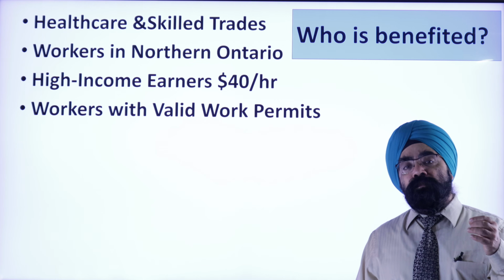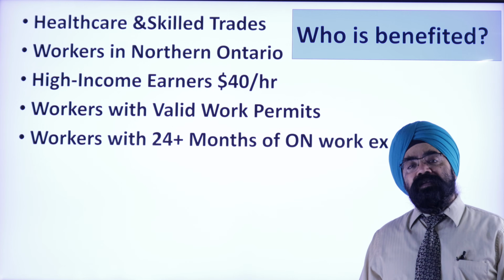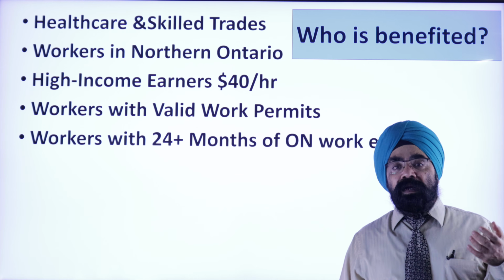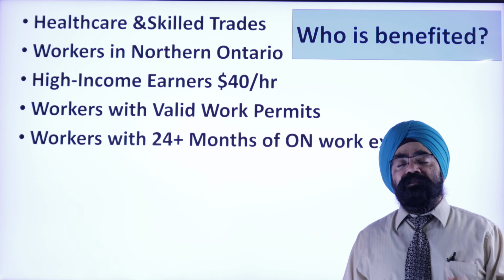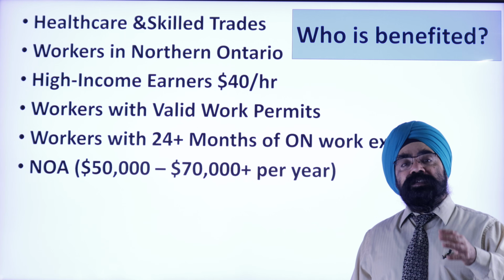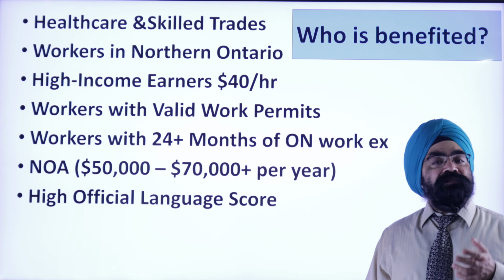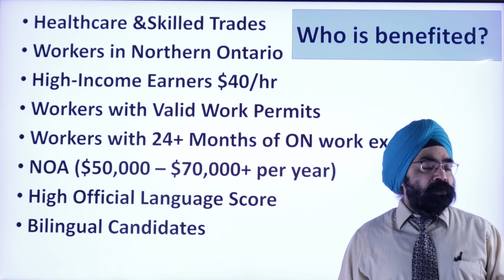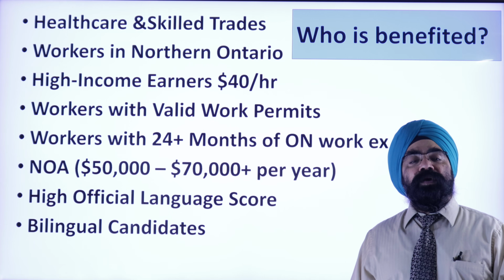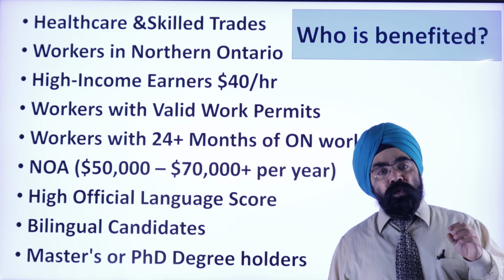You have worked more than 2 years for the same employer in Ontario, you have unfair advantage. A notice of assessment in the higher category, 50,000 and above, that's great, you get more points. A high official language score, CLB 9, great score. And bilingual, English and French, great, you get more points. And masters or PhD, excellent, you get more points. These are the types of people who can get more advantage.